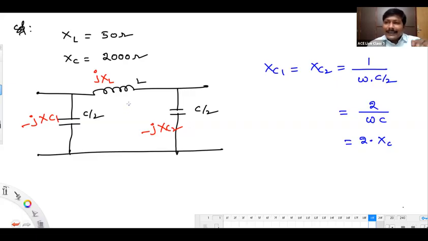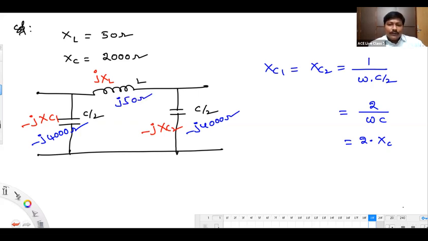So on the sending end side, we keep double the value of the shunt reactance, and on the receiving end side again double. So this number will be minus J 4000 ohms, and this one again minus J 4000 ohms. And in the middle, of course, it will be J 50 ohms.